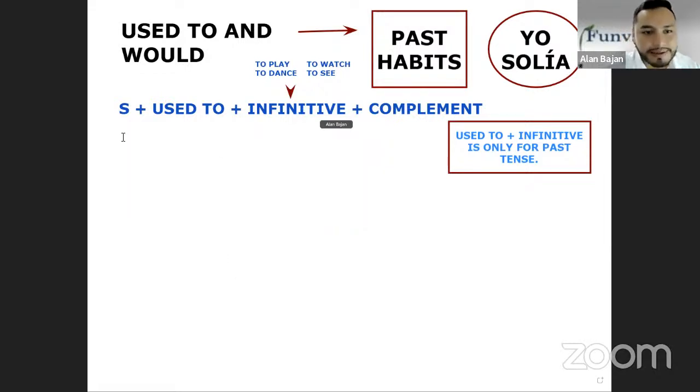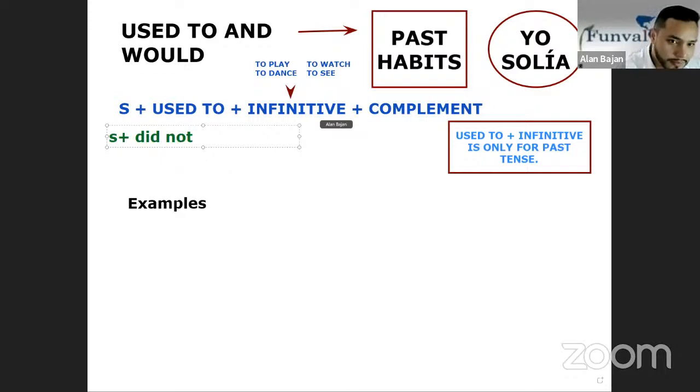Let's go with negative sentences, okay? Negative sentences. But first, let's write the structure for negative sentences. We have the subject plus my auxiliary did not or didn't plus used to.